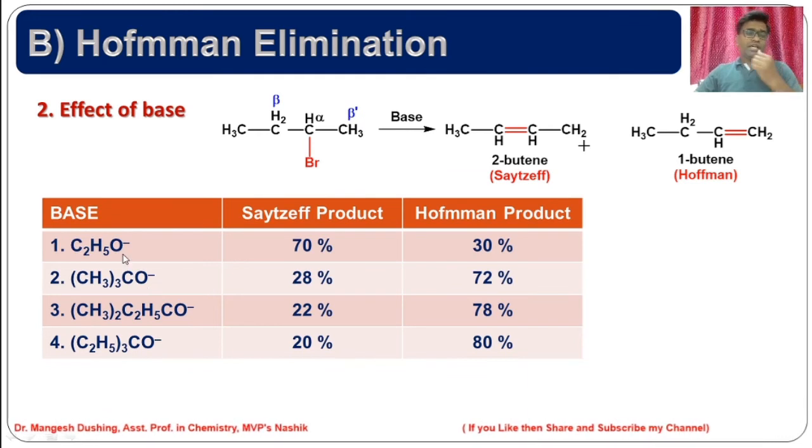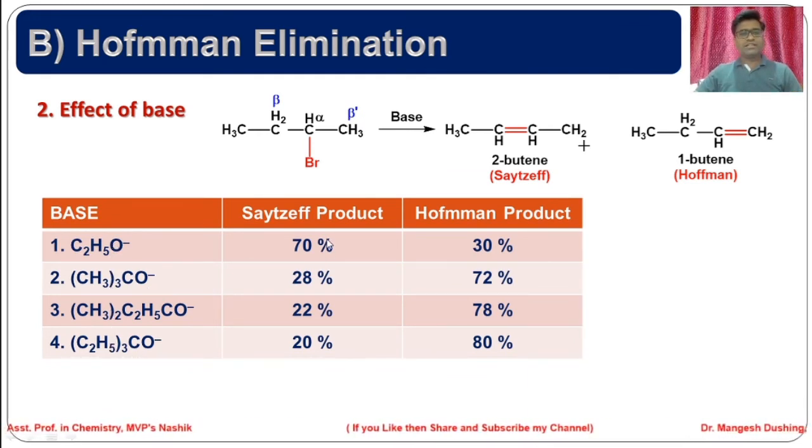So friends, as the size of the base goes on increasing, the percentage of Zaitsev product goes on decreasing. The smallest base gives a larger percentage of Zaitsev product and a smaller percentage of Hofmann product. If the size of the base increases, the Zaitsev product percentage decreases and the Hofmann product percentage increases.